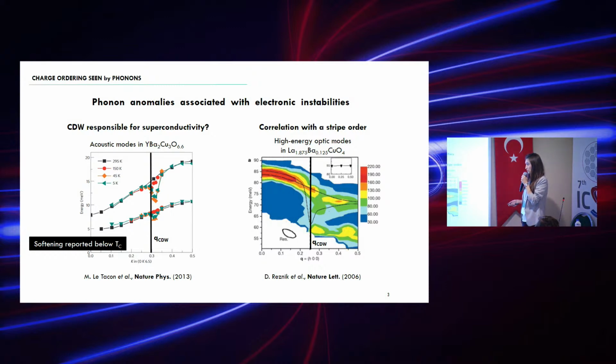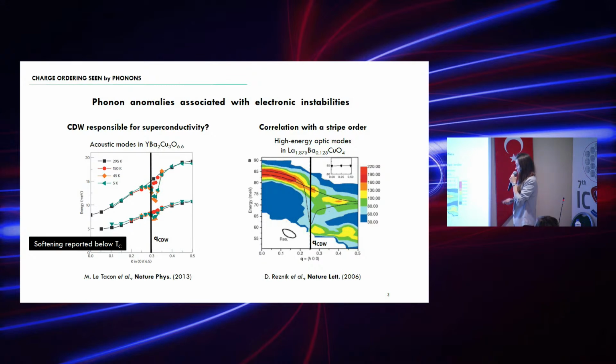And this softening, as was said in Catherine's presentation, is reported below TC and also within the doping range where superconductivity occurs. However, it was also shown that the electron-phonon coupling in this case is not strong enough to cause the appearance of superconductivity, of pairing. So we knew that the charge density wave order is not responsible by itself for superconductivity.